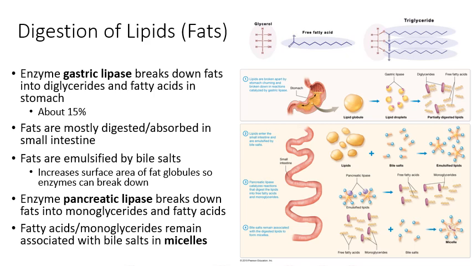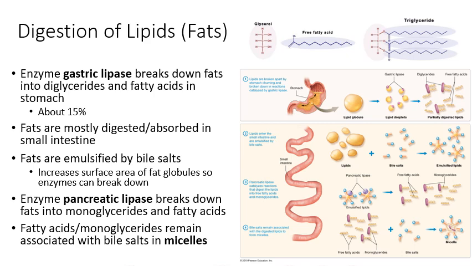Once the bile salts have broken up the fats into little droplets and emulsified them, then you can have other enzymes taking effect. You have the enzyme pancreatic lipase, which of course comes from the pancreas, that will further break down those fats and the diglycerides.